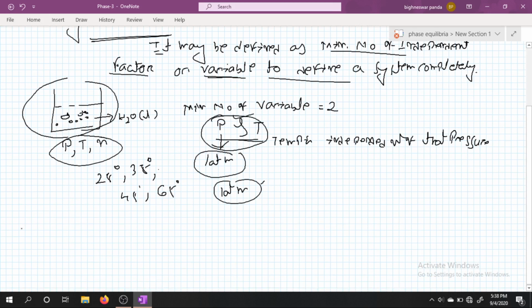If we consider another system, let us consider a closed vessel, a closed system.